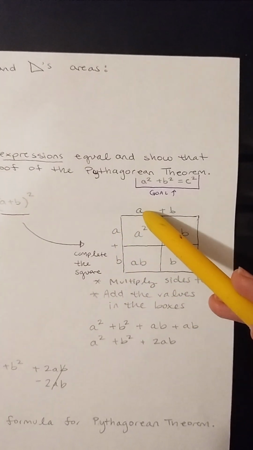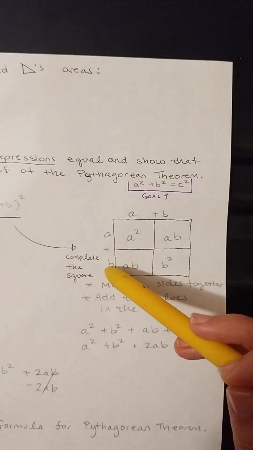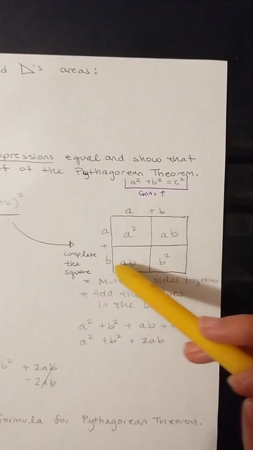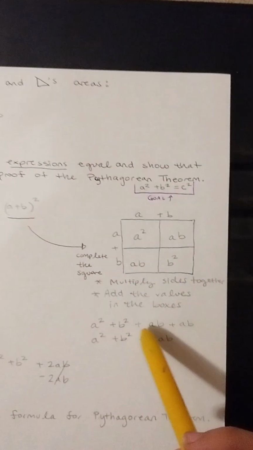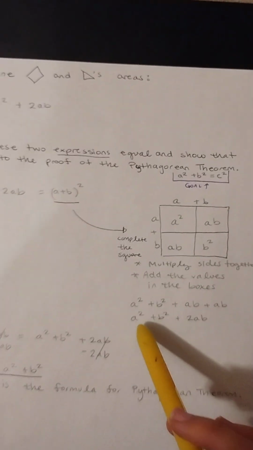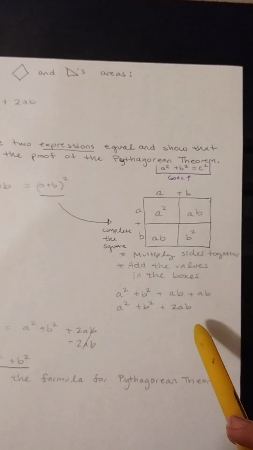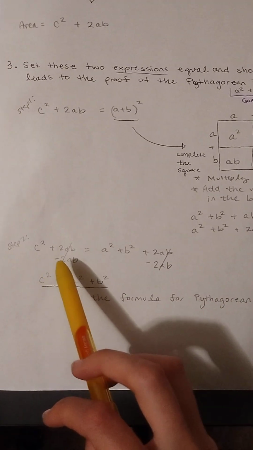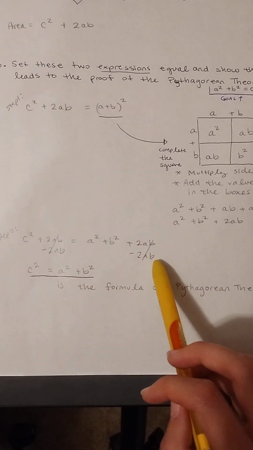And so a times a is a squared, a times b is ab, b times a is ab, and b times b is b squared. So now I'm going to add all the different terms together, like so. We get a squared plus b squared plus 2ab, and we can now have our equation equaling c squared plus 2ab equals a squared plus b squared plus 2ab.